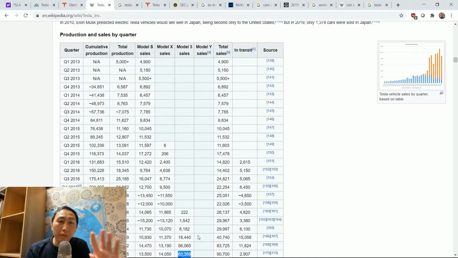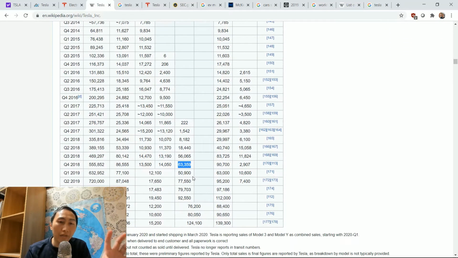So quickly we can see Model 3 is one of the best selling ones for them, and for them it was more ramping up production, and hence why revenue was slow to grow from 2018 to 2019.